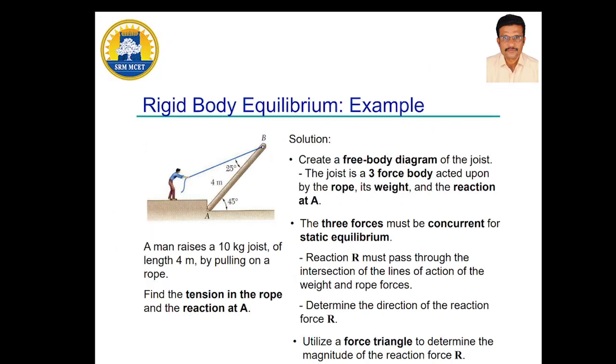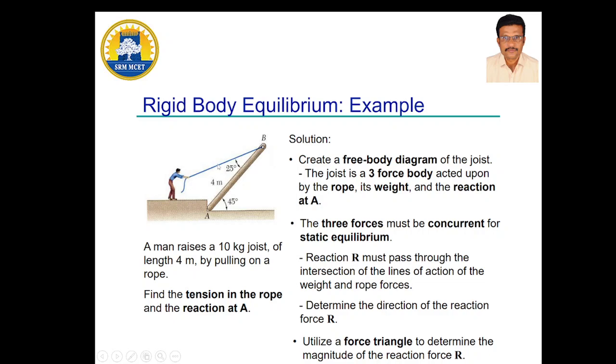By this method we can find the rigid body equilibrium for any given figure. Let us take one more example. A man raises a 10 kilogram joist of length 4 meter by pulling on a rope. Find the tension in the rope and the reaction at A. This is the joist, its weight is 10 kg. The man is pulling this joist using a tension in the rope.